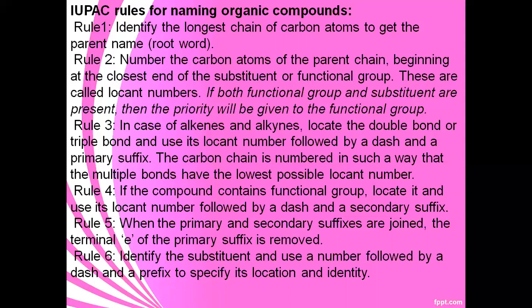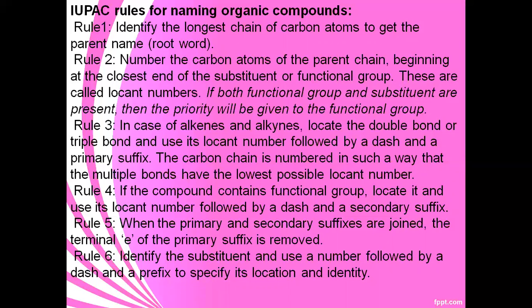Okay. The fourth rule: if the compound contains a functional group, locate it and use its locant number followed by a dash and a secondary suffix. This is rule number 4. Rule 5: when the primary and the secondary suffix are joined, the terminal E of the primary suffix is removed. So the suffix word has two parts, primary and secondary.